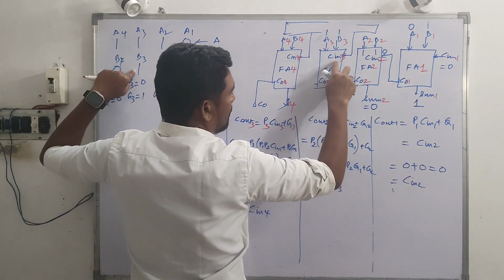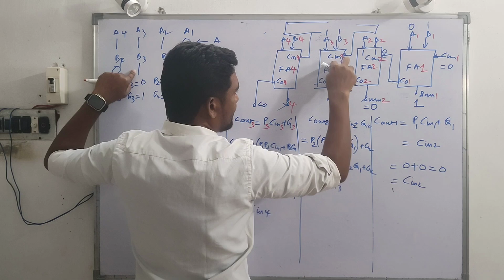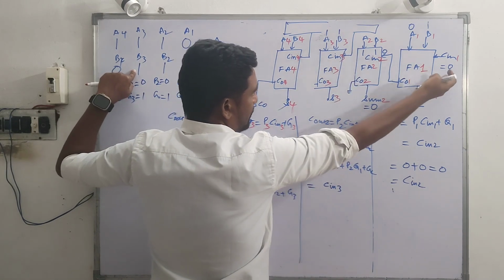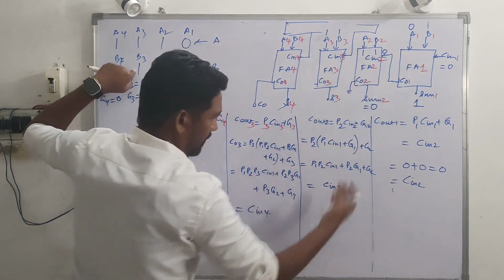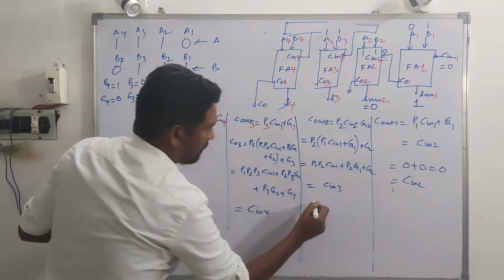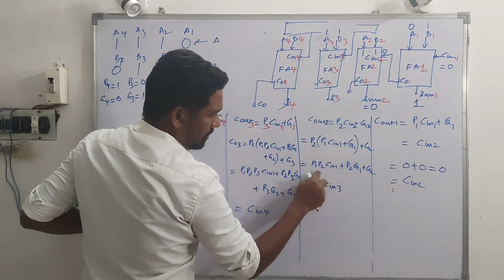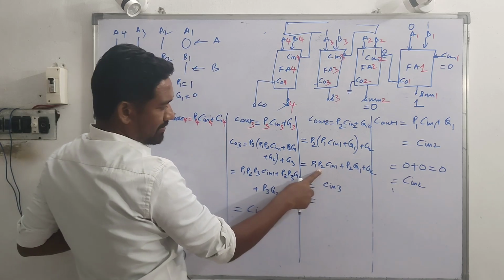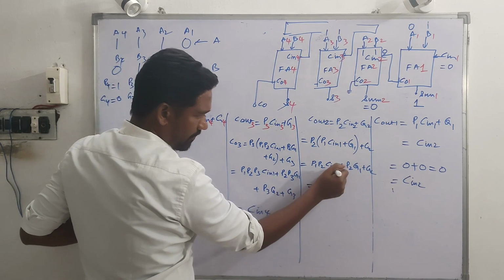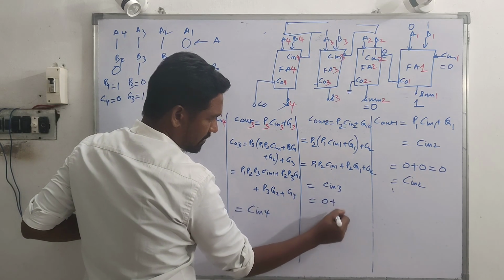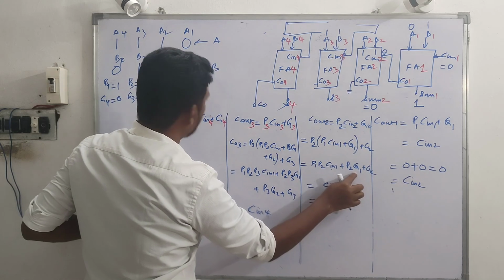Let's see what C in 3 will be for these inputs, with C in equal to 0 and whatever P1, P2, P3. Here we are trying to get the value for C in 3, isn't it? C in 1 is 0, so this will be 0. That will be 0 plus P2 and G2.